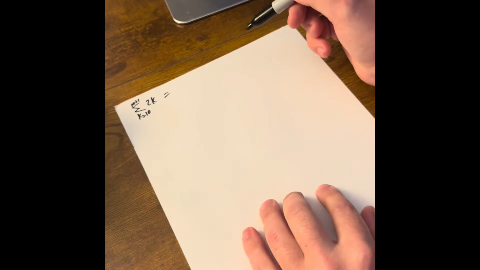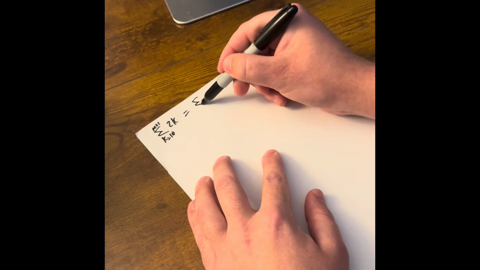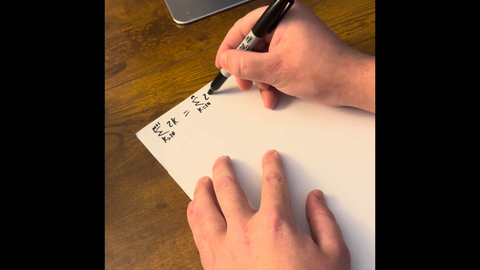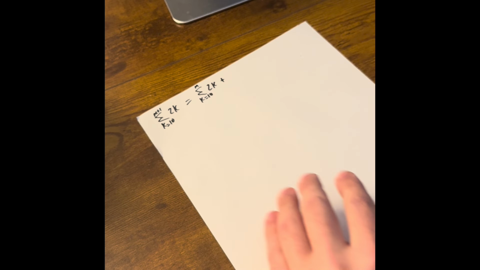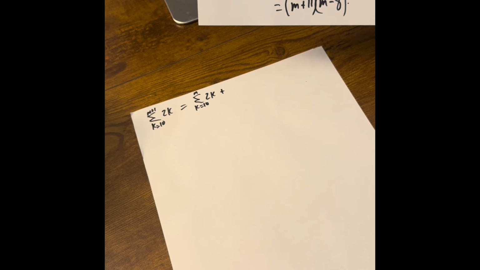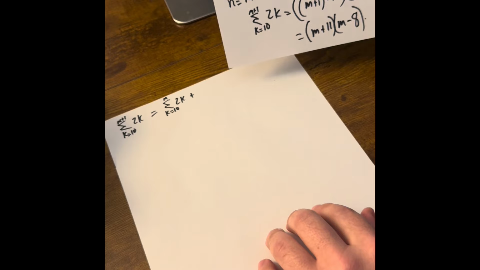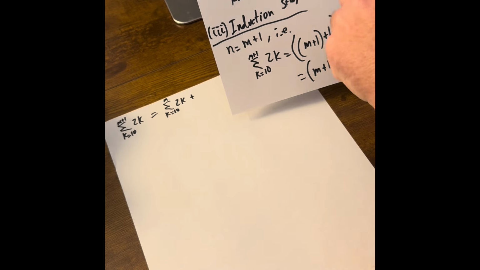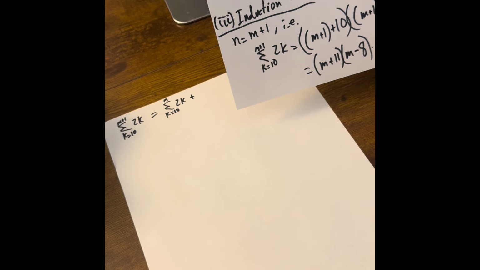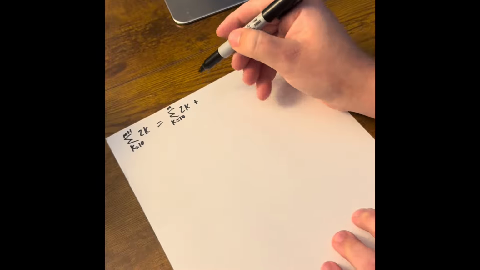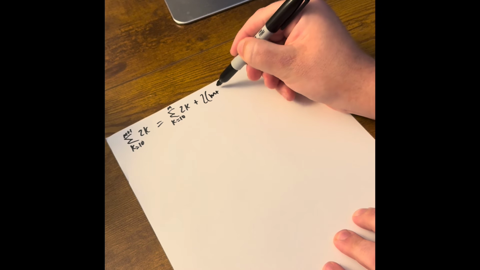Well, we know using some rules that this is actually the sum from k equals 10 to m of 2k, plus 2 times m plus 1.